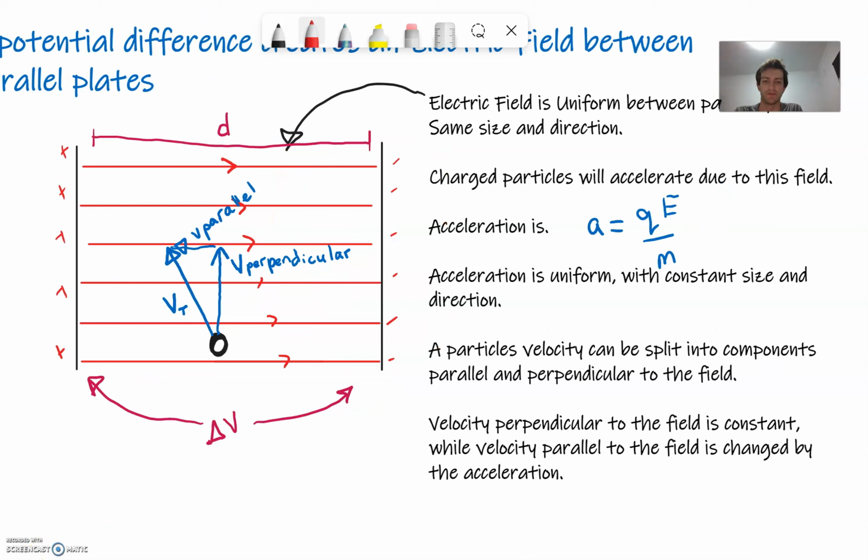So it's the velocity that's perpendicular to the field that will remain constant, whereas the velocity parallel to the field is the one that's affected by the acceleration.